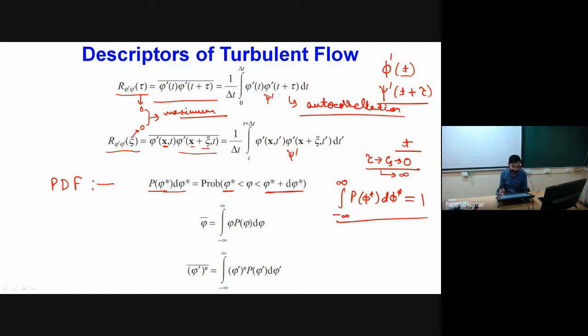This probability density function is also related to the mean and nth moment. The mean can be given as the integration from minus infinity to infinity of phi into P of phi d phi, and the nth moment can be given as phi dash n into P phi dash into d phi dash. The applicability of this probability density function comes in specific types of CFD problems, and more importantly, when we are dealing with combustion problems.